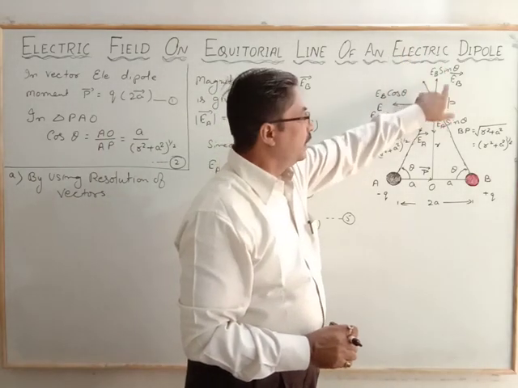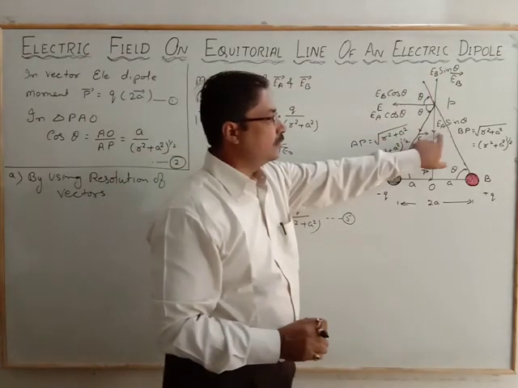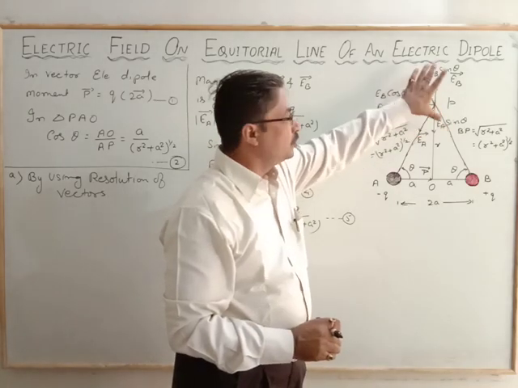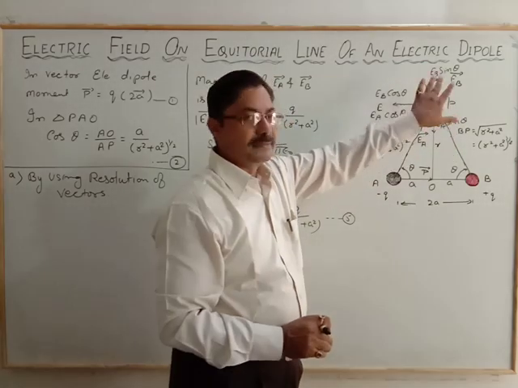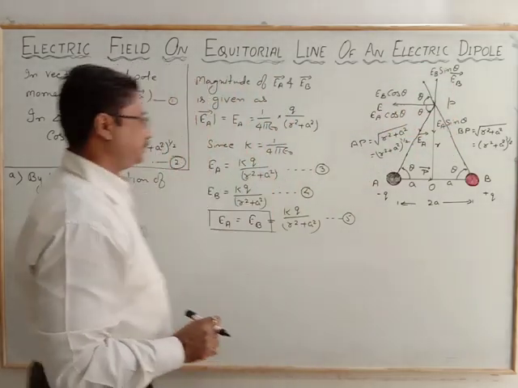Is it clear? In place of EB we can write EA. Here it is also EB sin theta, but both are in the opposite direction. So the net value of this becomes 0, and we will not consider this one. The net electric field is lying along this base line.